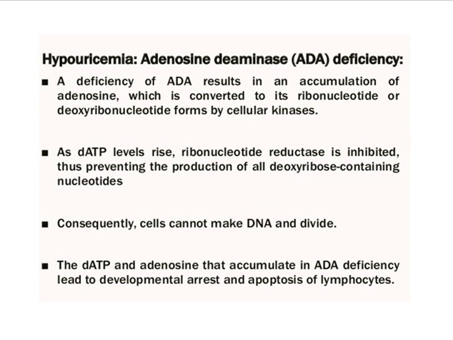Then, after the accumulation, this adenosine is converted to its ribonucleotide or the deoxyribonucleotide forms by the cellular kinases. Thus, as the deoxy ATP level rises, it inhibits the enzyme ribonucleotide reductase.